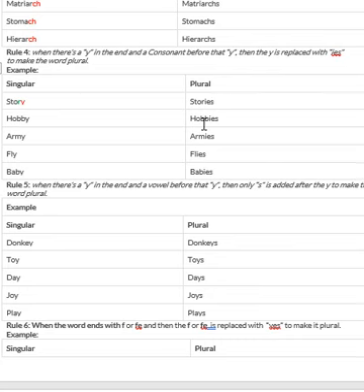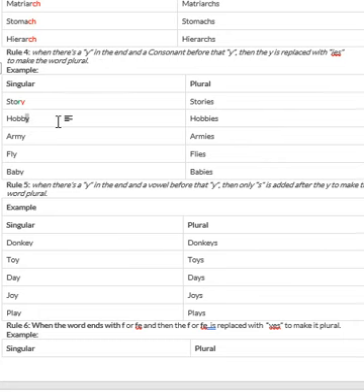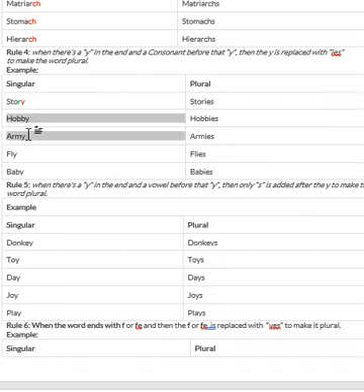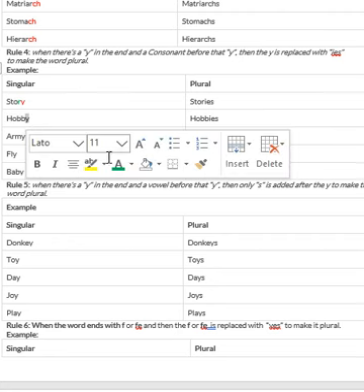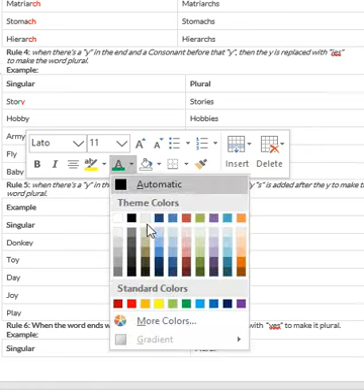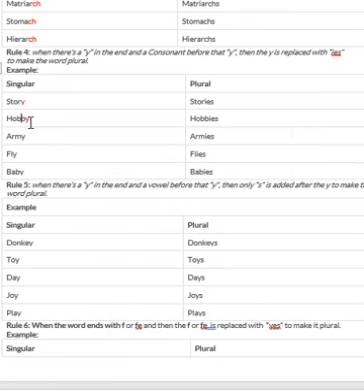Story becomes stories. Hobby becomes hobbies because there is y in the ending of the word, but before y there is a consonant.